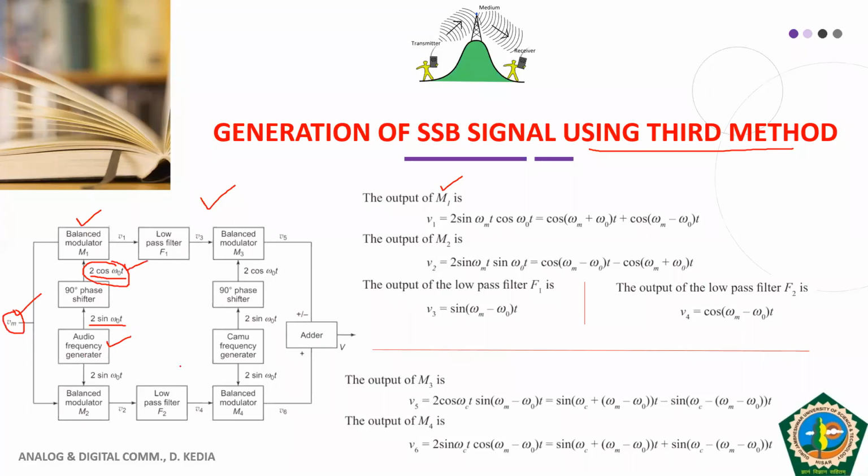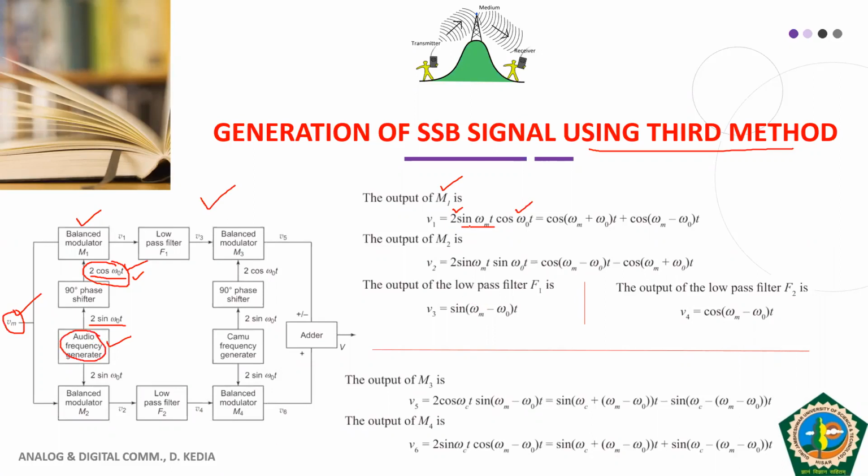In this analysis, we have taken Vm as 1, which is why it has not been shown here. So this is your modulating signal sin ωm t, and this 2 cos ω0 t is your 90-degree phase shifted signal, and we are using the audio frequency generator.